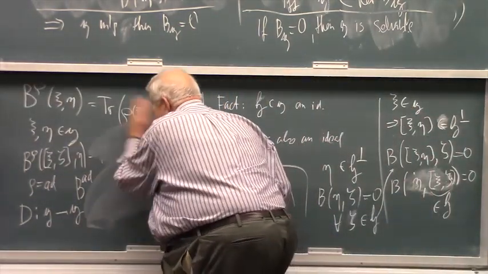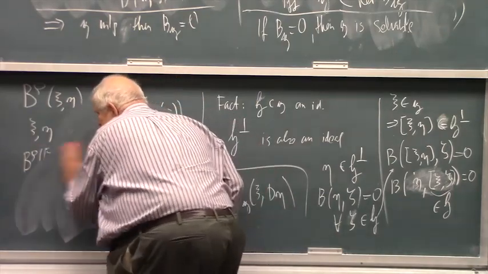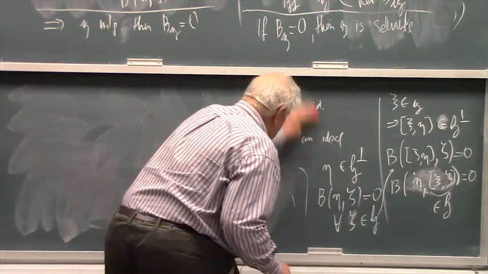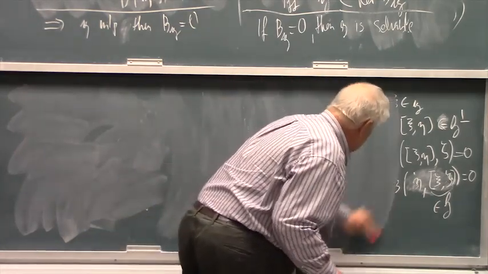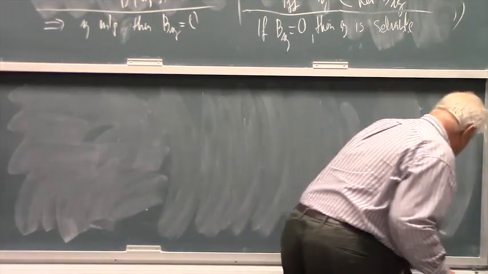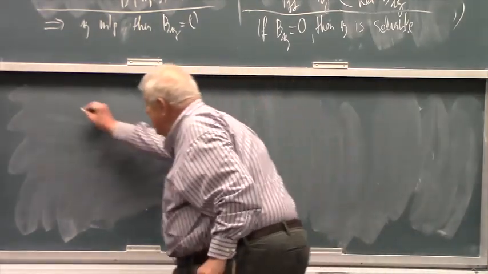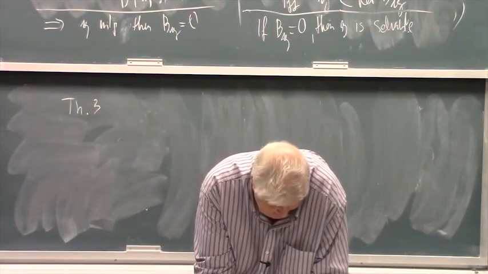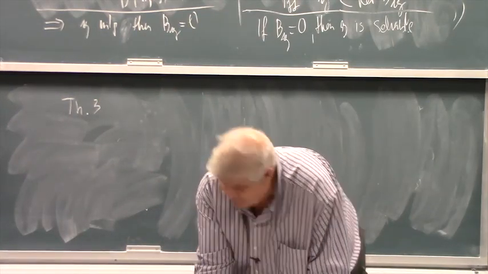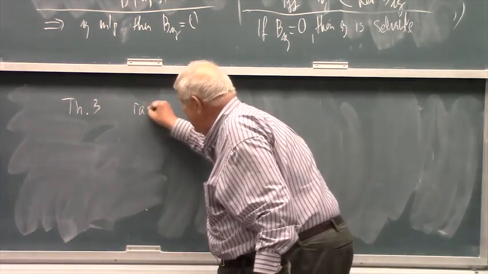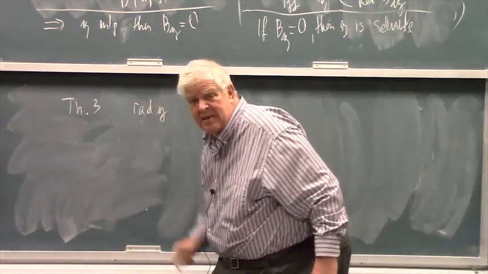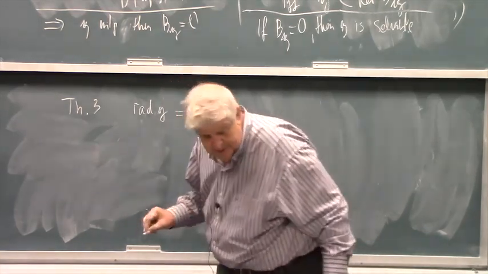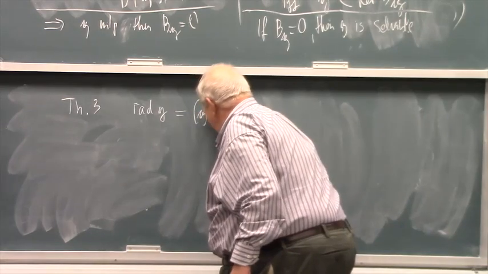Theorem 3. It is about the radical. Just to remember what it is: the maximal solvable ideal in G. It is equal to G prime orthogonal.